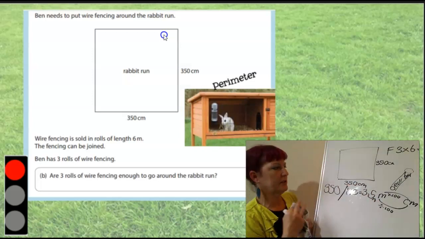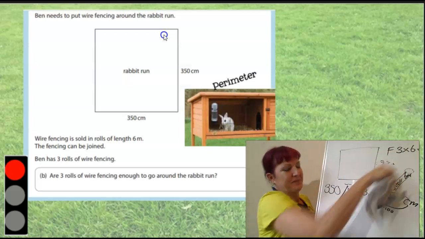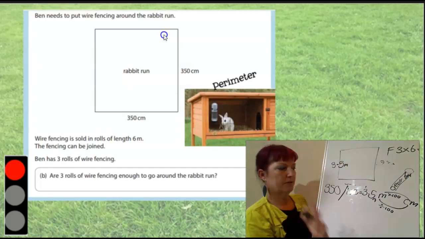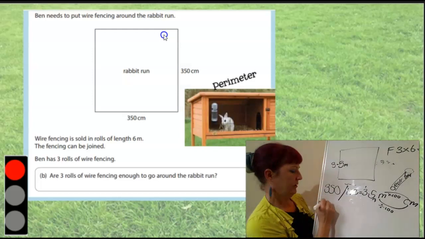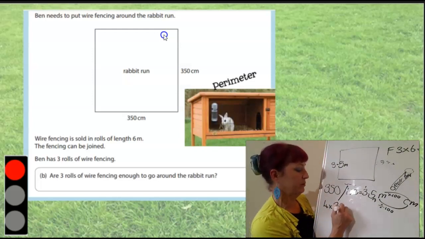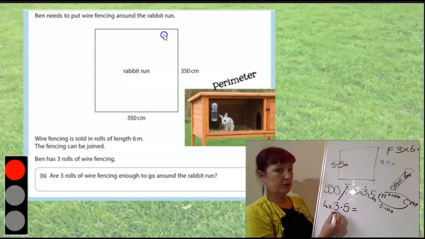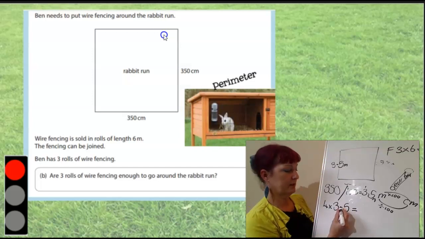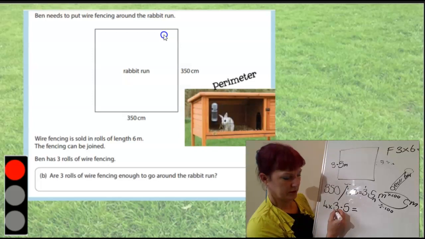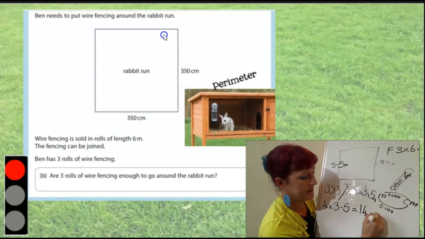So now I know what one side is. I'm going to get rid of this. So it looks like 3.5 metres. I've got 4 sides, there's no door there or anything like that. 4 times 3.5 equals: 4 times 3 is 12, 4 times 0.5 is 2, so 14 metres.